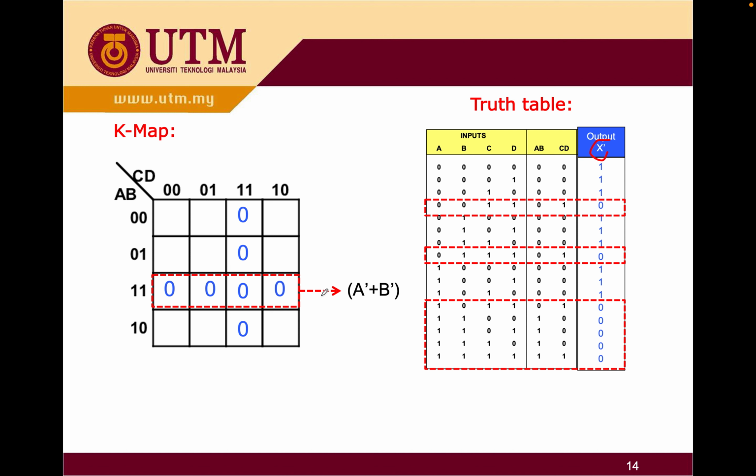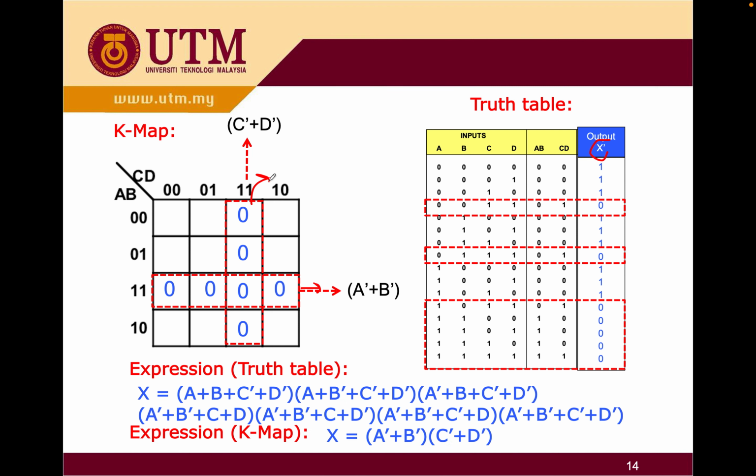This is the sum of product for this group, and you're going to have another sum of product for another group. From here, you can have the simplified version of the expression using the K-map.